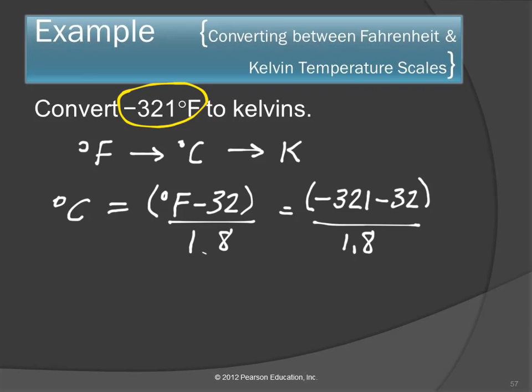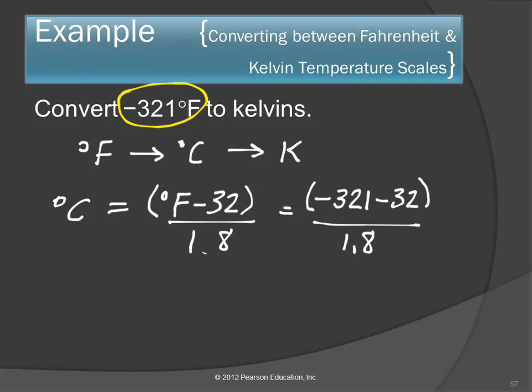I want minus 321 minus 32, the whole quantity. So what I need to do is do the 321 negative minus 32 and press the equal sign. Now my calculator is showing me minus 353. That's the quantity. I forced it to finish the subtraction. That's how I prefer to do it.